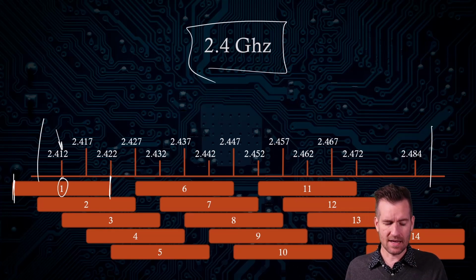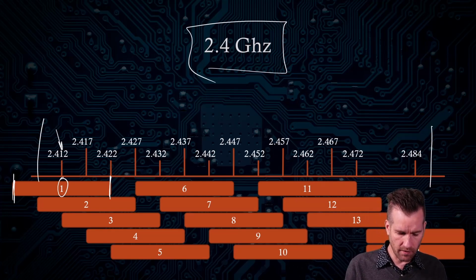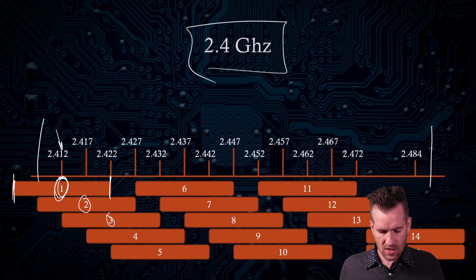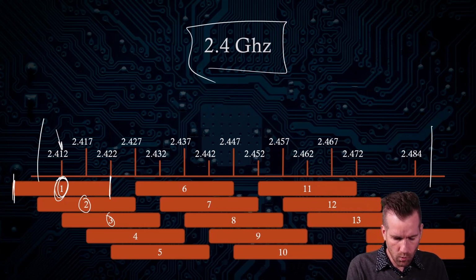But the problem with these is these channels actually overlap. So you can see that 2 overlaps with 1 and 3 overlaps with 1. And so now we cause problems where we don't find this overlap.